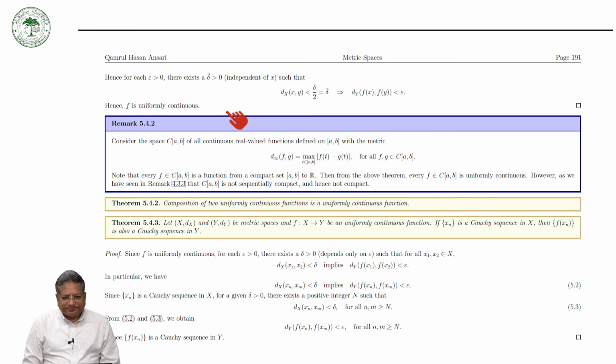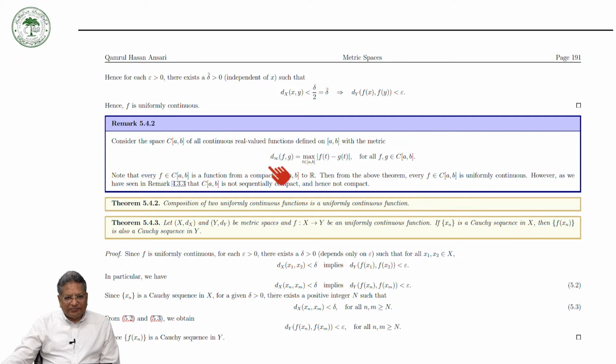Now, take an example. Consider the space C[a,b], the set of all real valued continuous functions defined on the closed interval [a,b] with the metric d infinity, which is d(f,g) equal to the maximum of |f(t) minus g(t)|.